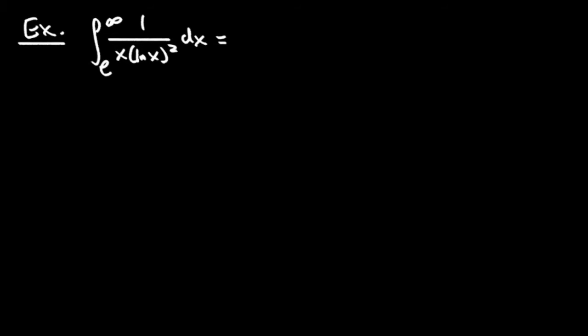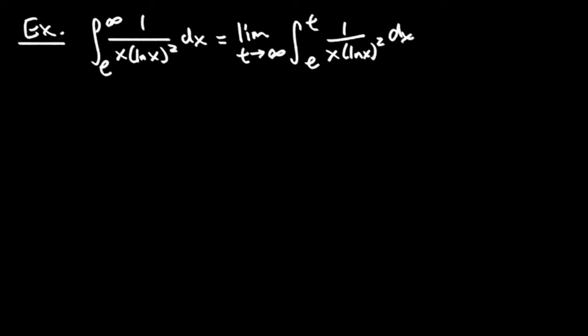So let's evaluate this one. First, limit as t approaches infinity, and we're going to replace that top limit of integration. And then we can u-sub this. So let u equal ln of x, du equals 1 over x dx.